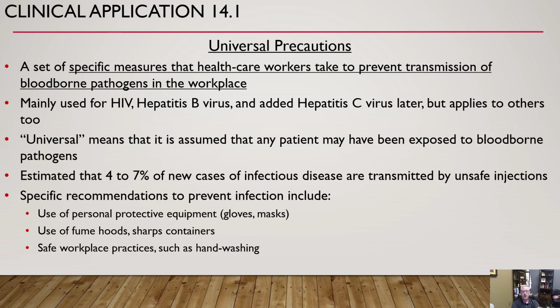It's used basically because you don't know what your patient has, and your patient might not know if they have a condition that can be transmitted to you or to other patients. So protect yourself, and on the flip side, you don't know if you have something that you can transmit to your patients.